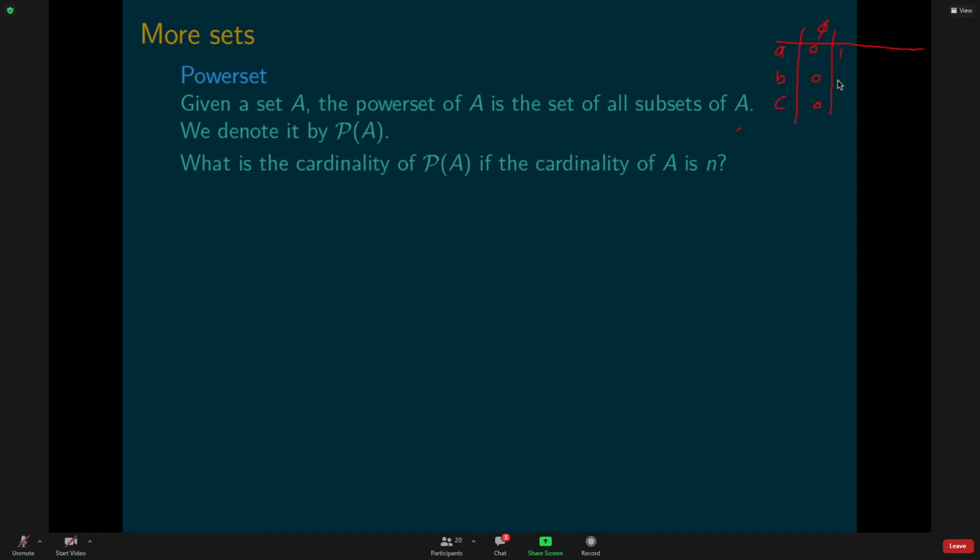Then take only the first element, then only the second, or only the third, or take the first and the second element. Which means that for every element, we have 2 options. So it is 2 to the number of elements in A. Okay?